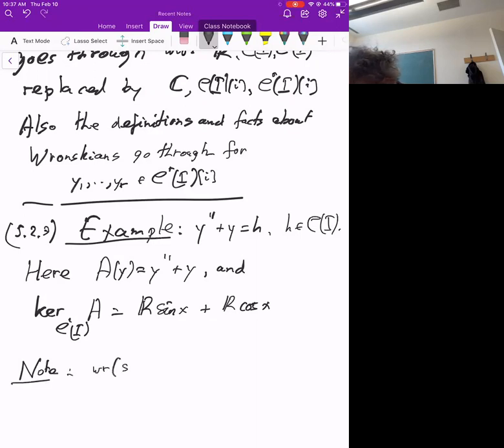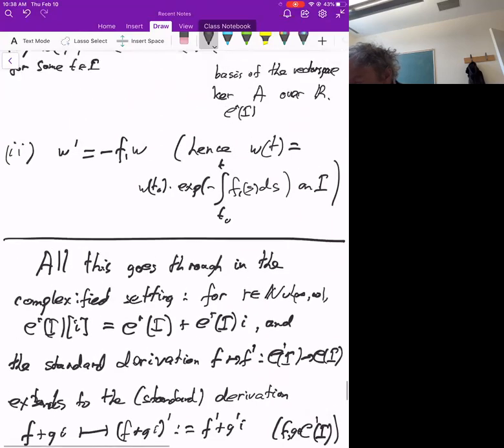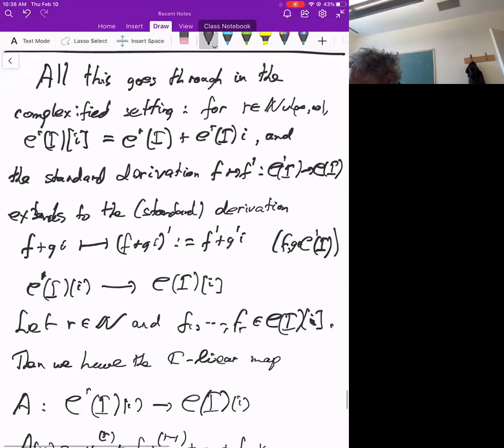If you compute the Wronskian of sine x, cosine x, it's the determinant of sine x, cosine x, and then cosine x, minus sine x. And if you compute it, you get 1, right? Which of course is in accordance with this differential equation that the Wronskian satisfies, because in this case f1 will be 0, and it says w prime is 0, which is true.